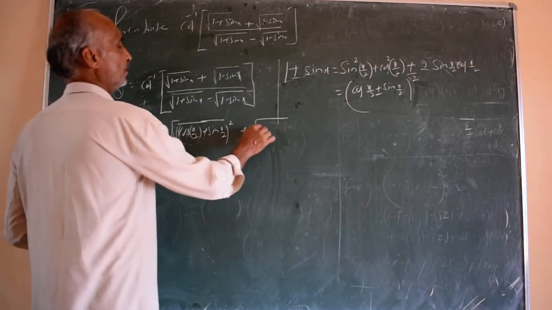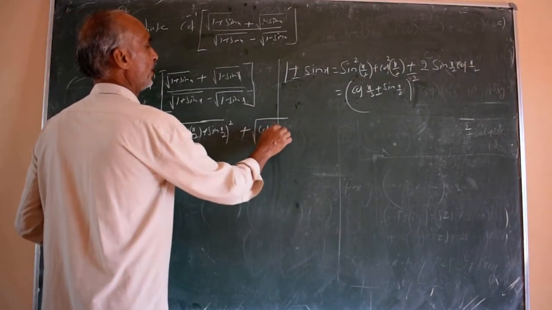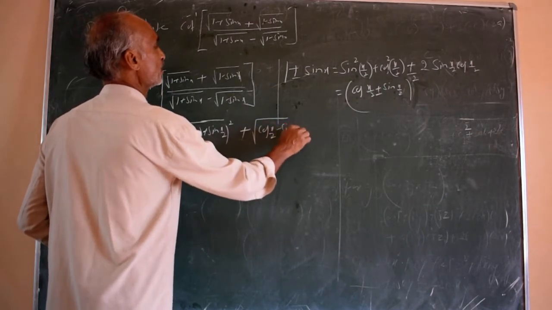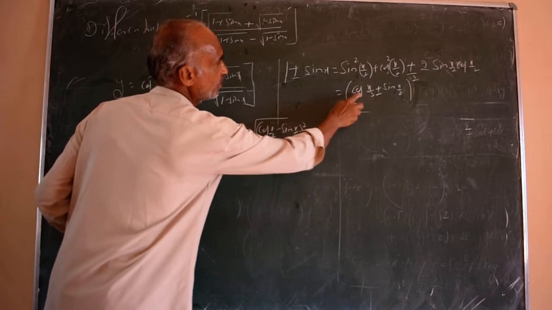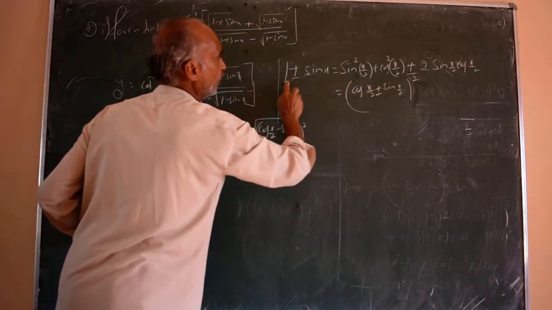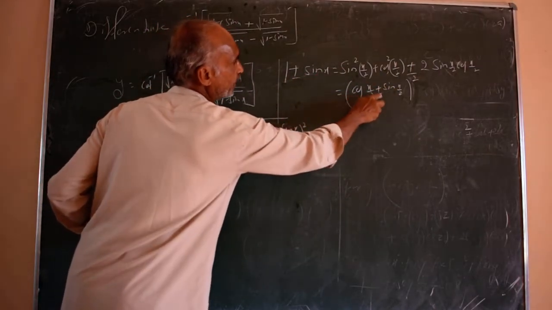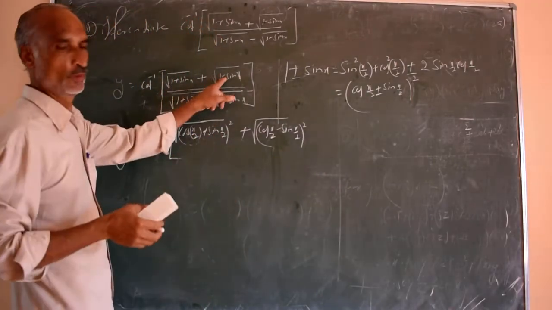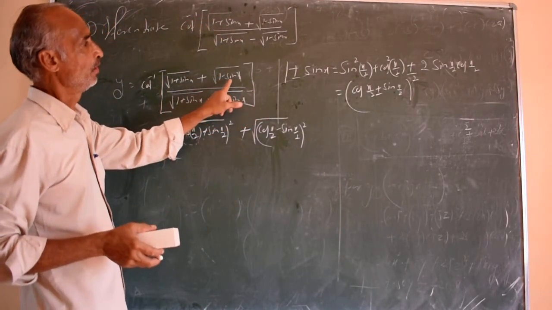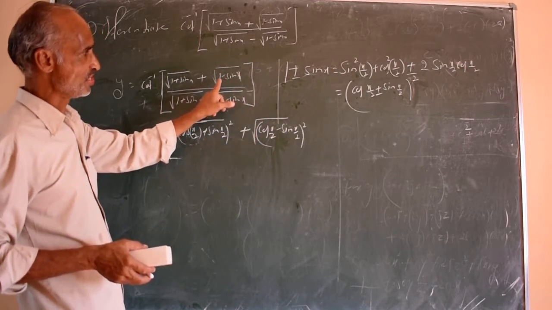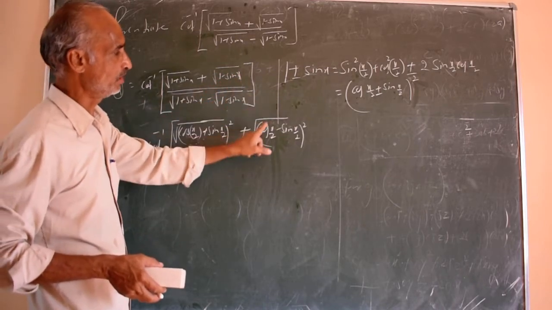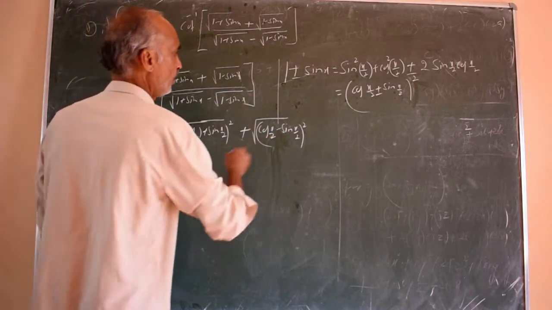Root of cos x by 2 minus sin x by 2 the whole square. 1 plus sin x means cos x by 2 plus sin x by 2. 1 minus sin x means cos x by 2 minus sin x by 2. That same one is substituted here. 1 minus sin x is cos x by 2 minus sin x by 2 the whole square.